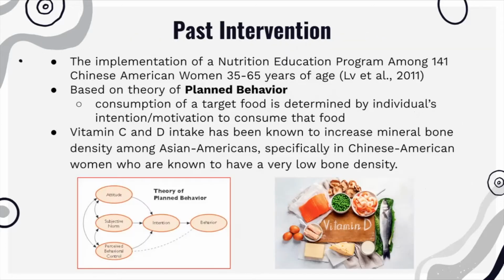50 years. One intervention meant to decrease the risk of osteoporosis among Asian Americans, specifically Chinese American women, was an interactive 6-week health education nutrition program based on the theory of planned behavior.